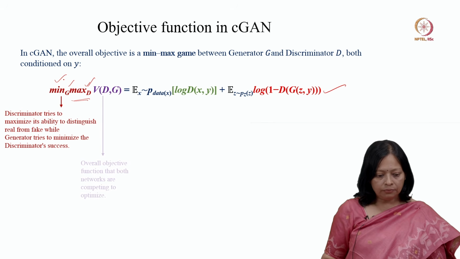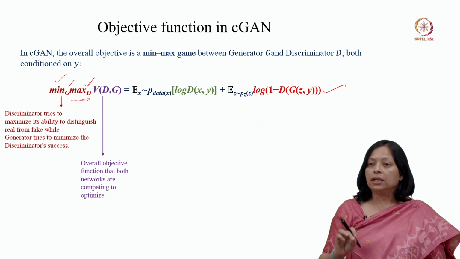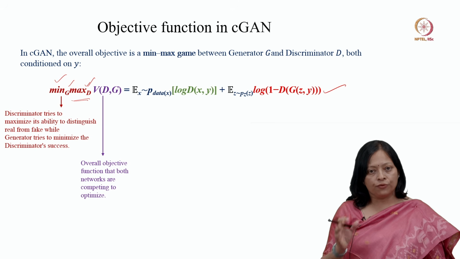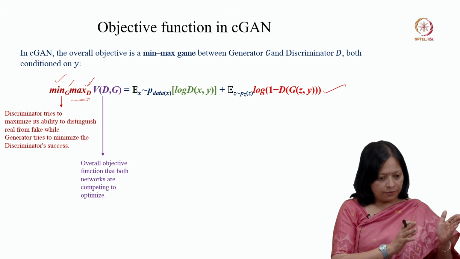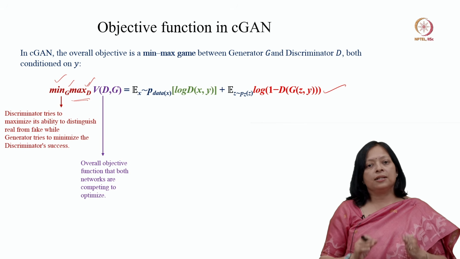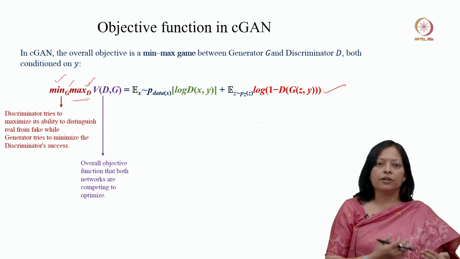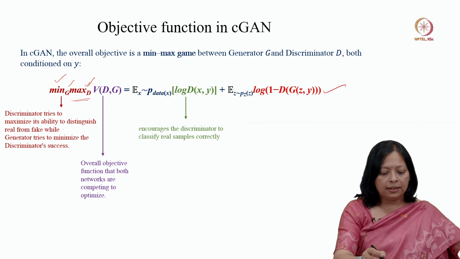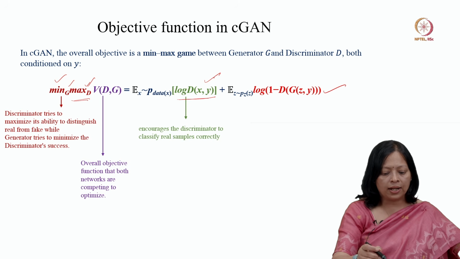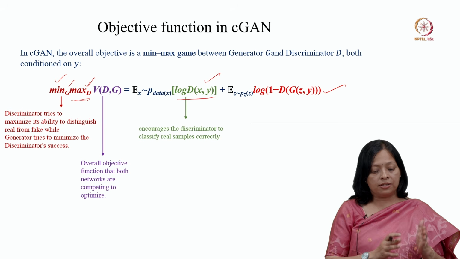So, V is the overall objective function that both the networks are competing to optimize. As I told, reinforcing that, the discriminator tries to maximize the objective function, while the generator tries to minimize it.